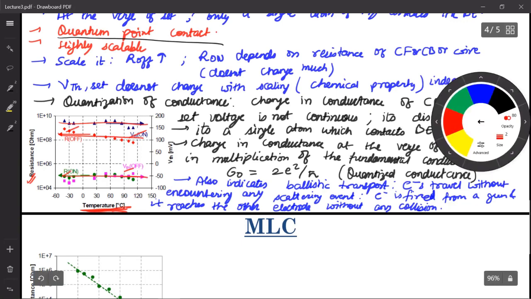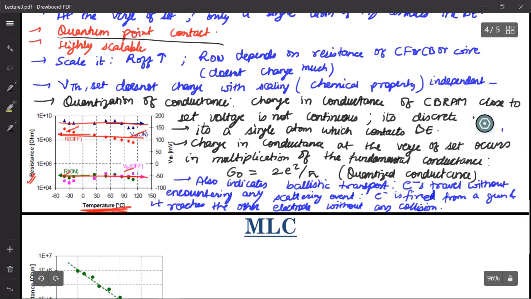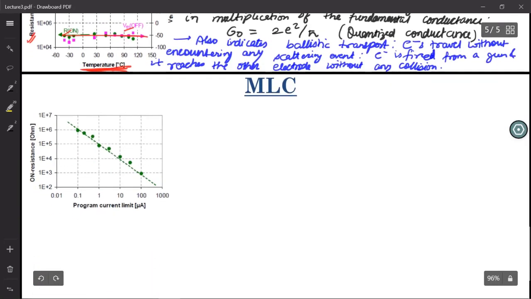So that also let me write. Not the performance parameters, but the device parameters are relatively independent of temperature.